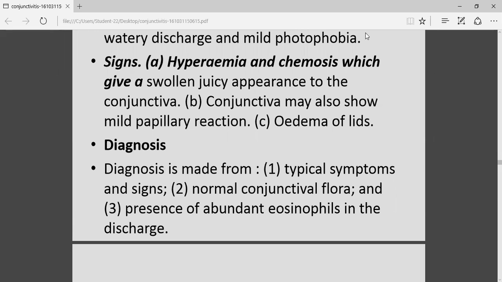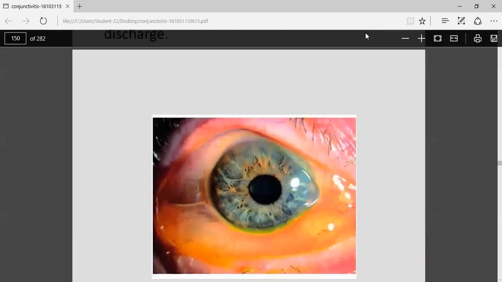Here, you don't have to take the swab for culture and sensitivity and then staining like in other types of microbial conjunctivitis. In allergic conjunctivitis, we can't take the swab because it's not of microbial origin. It's an allergic reaction. So basically, it is diagnosed on the basis of signs and symptoms.